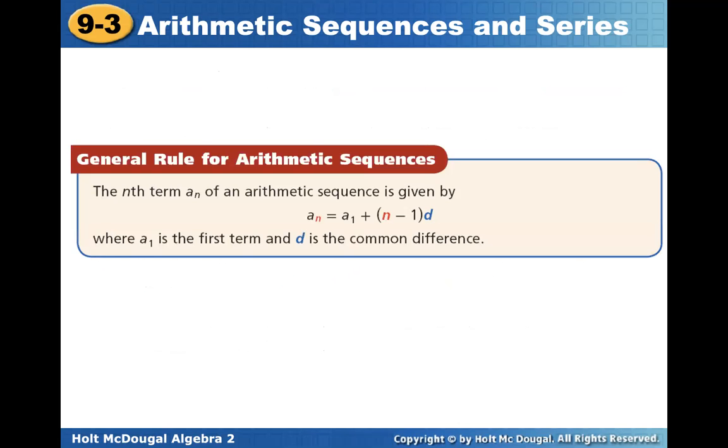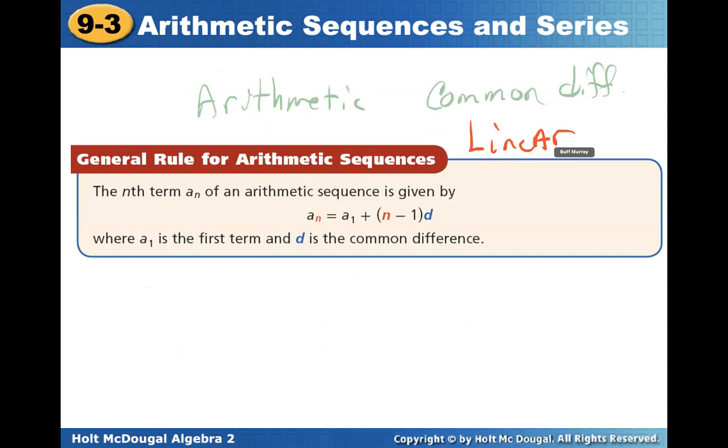Now, if we identify something as an arithmetic sequence, remember, something that is arithmetic has a common difference. I'll abbreviate that. And that also tells us that it's a linear function. It's linear.